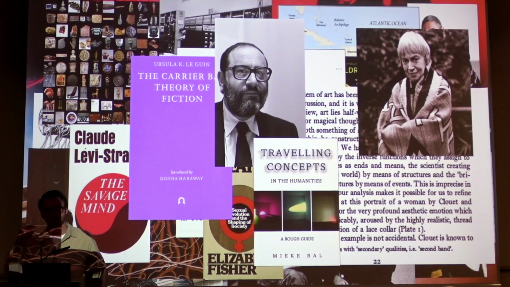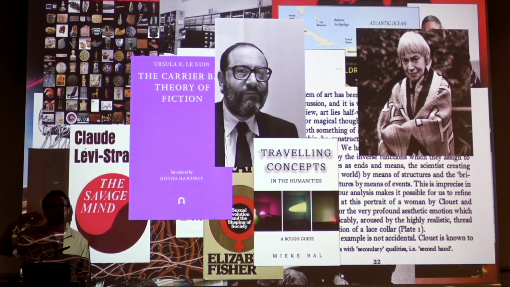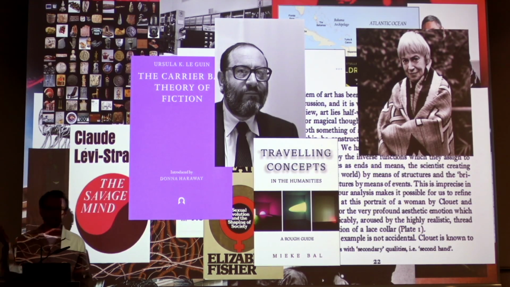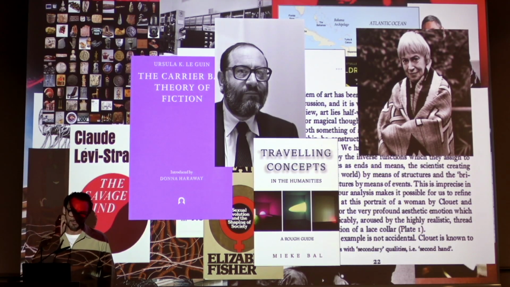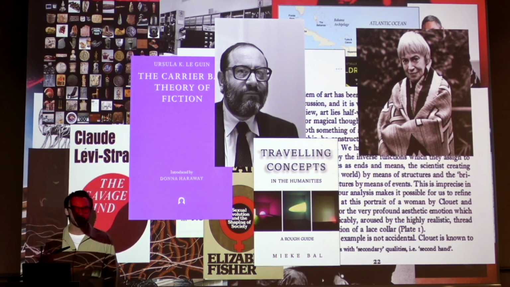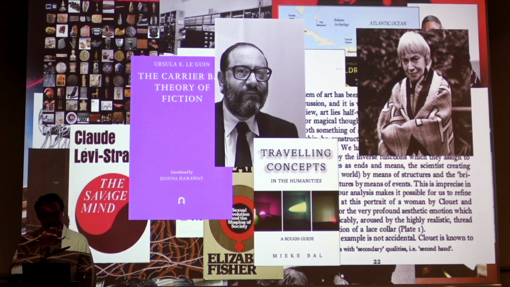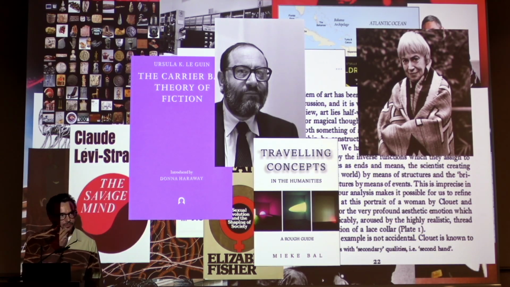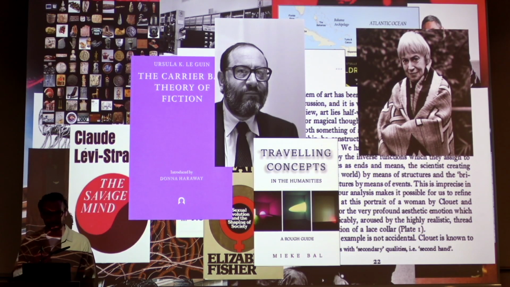And to find somehow a way through this mess, all these ambiguities and all these patterns, I like Mieke Bal. Mieke Bal is a curator, a cultural theorist, and also a video artist. And she came up with the idea of traveling concepts in the humanities. And she says these concepts are not fixed.